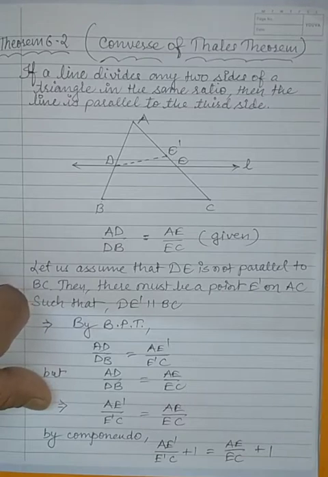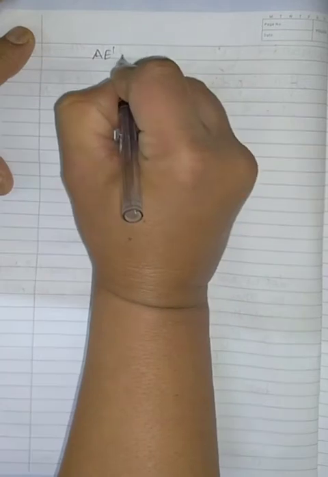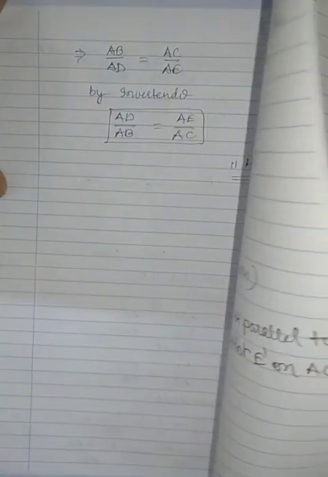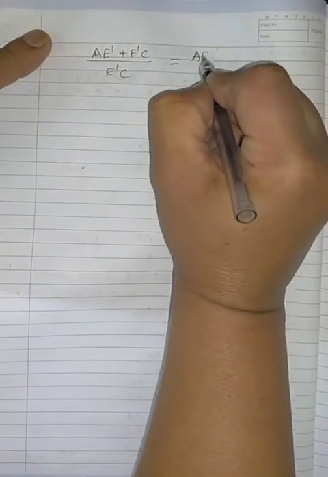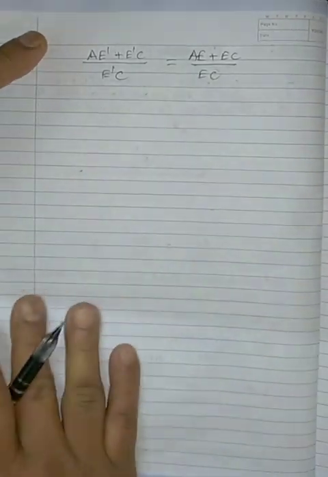So you can see here, if you take the LCM, it becomes AE dash plus E dash C upon E dash C is equal to AE plus EC upon EC.